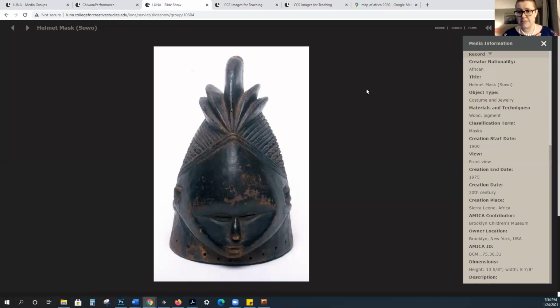So to come back to this specific society, this is the Sande Society, and this is from the Mende peoples. And Sande is the women's association. There's a men's association called Poro. For Sande, all women belong to it, and it protects women's rights and the health of the community.